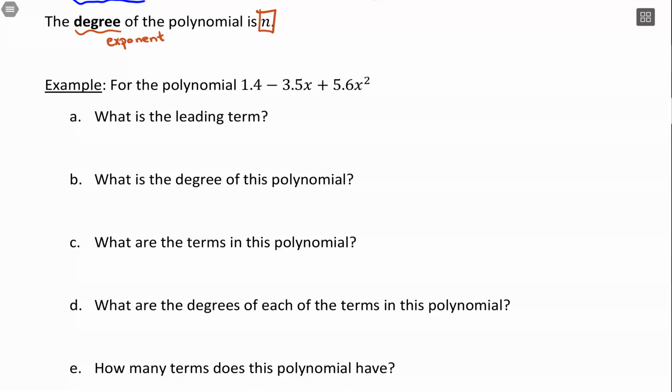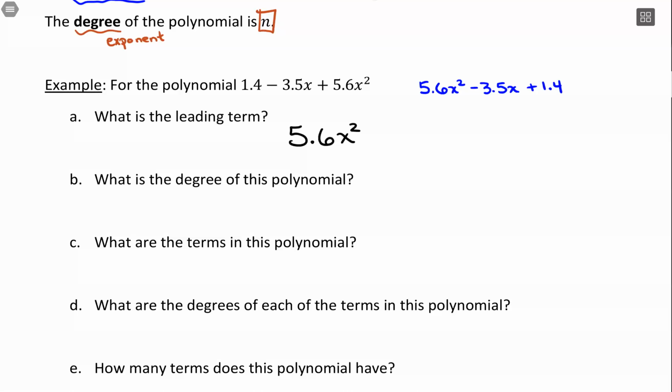So if you wanted to, we could take that 5.6x squared and have that out front, and then the minus 3.5x, and then the plus 1.4. Sometimes having it in this form could be helpful, and then you have your leading term actually leading and not mixed in. So the polynomial doesn't have to be in order, but you can always put it into order. That helps. So the leading term is that highest degree term, so that 5.6x squared.